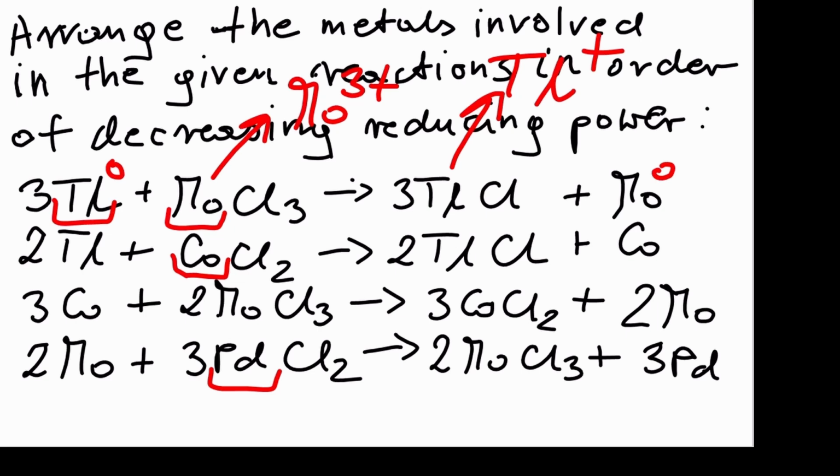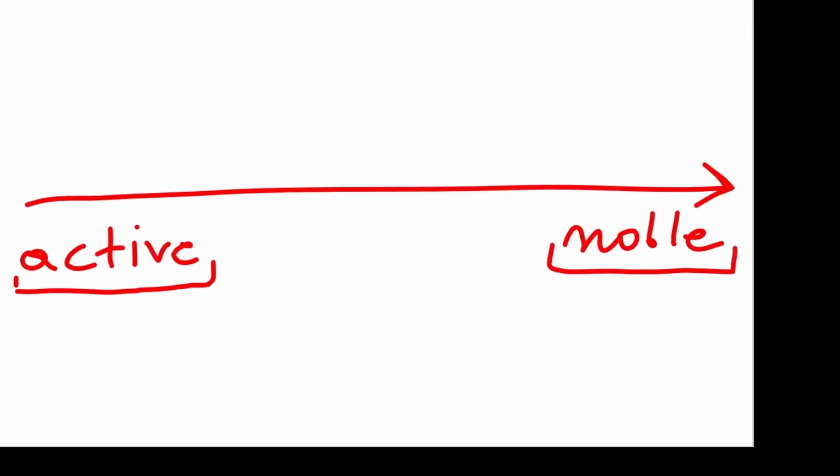So the thallium is much more active than the molybdenum. In this arrow we could place the thallium on the left side, while the molybdenum on the right side.